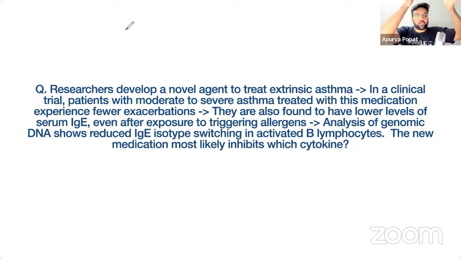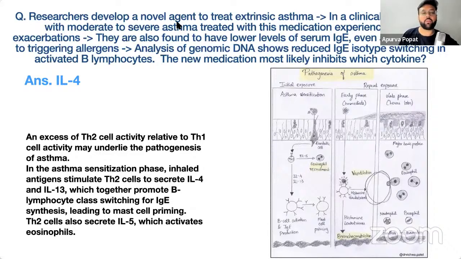So remember interleukin 4 for IgE class switching, and interleukin 5 as an eosinophilic chemotactic factor. We want to target interleukin 4 here, which can prevent class switching to IgE. Interleukin 5 is for eosinophilic recruitment, interleukin 4 for IgE.